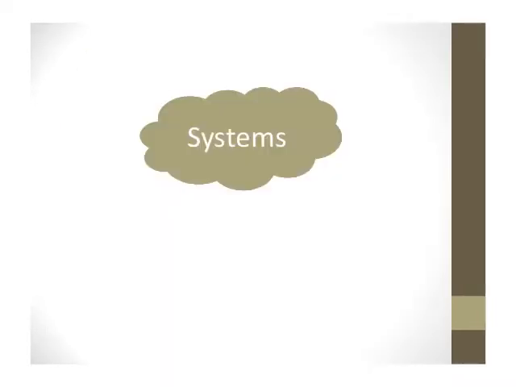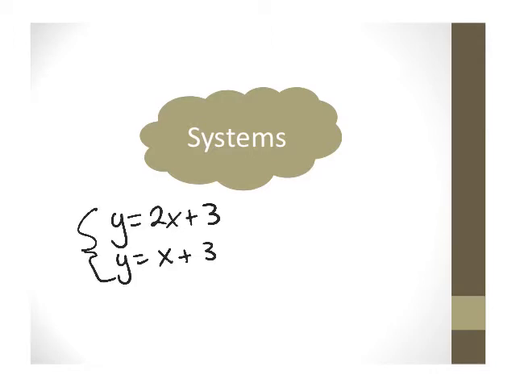Okay. So the first thing is understanding systems. A system is basically a group of equations. So it's like having one equation and having a second equation, and both of these equations together make a system.